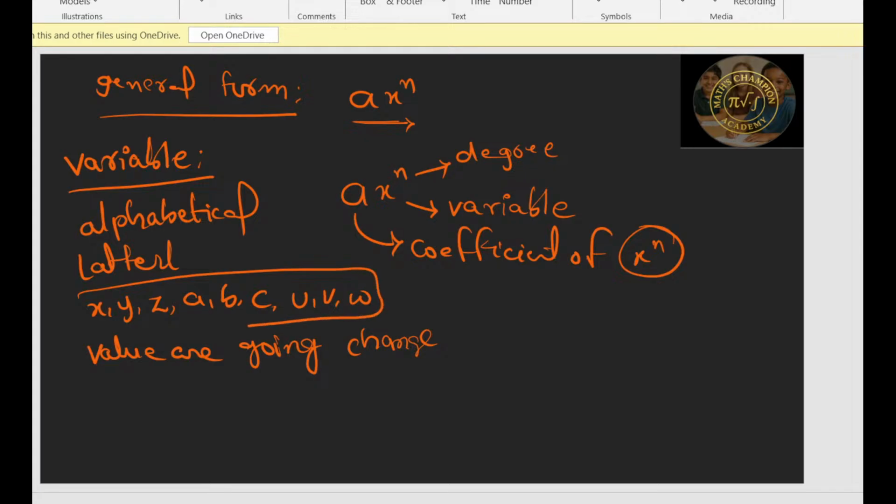That one we call a variable. So x, y, z, a, b, c, these are the variables.